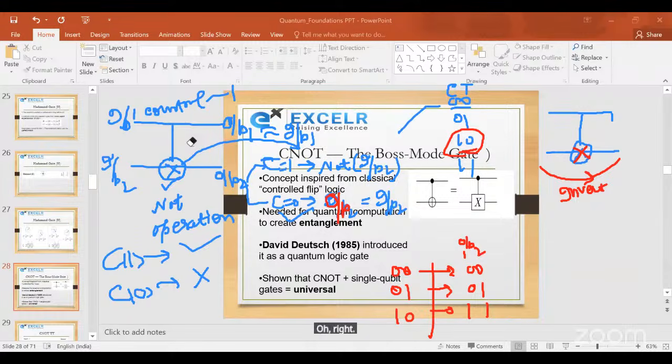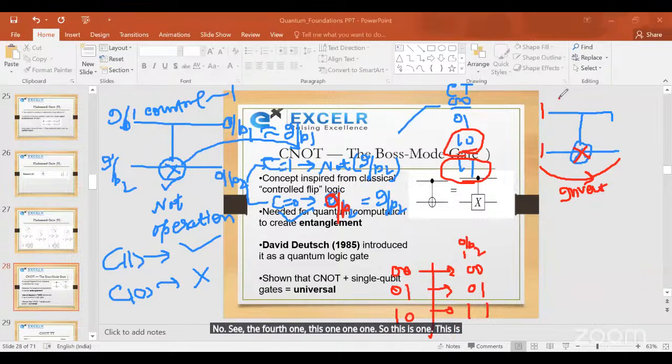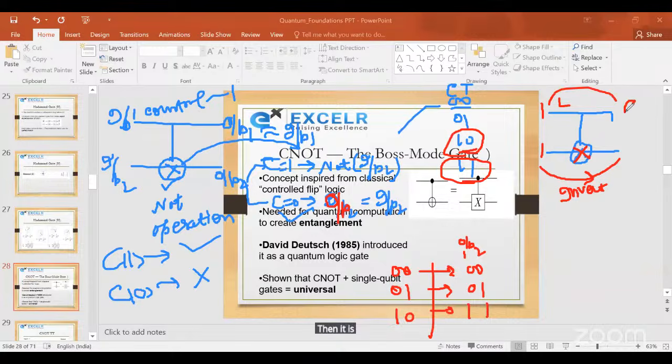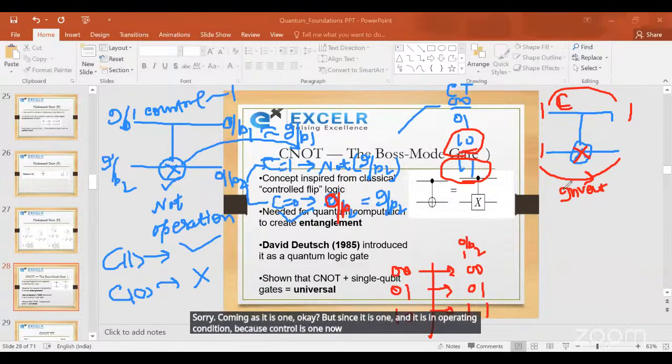Now see the fourth one, 1, 1. This is 1, this is 1. When control is 1, it comes out as it is, 1. But since the control is 1, it is an operating condition, and its work is to invert.